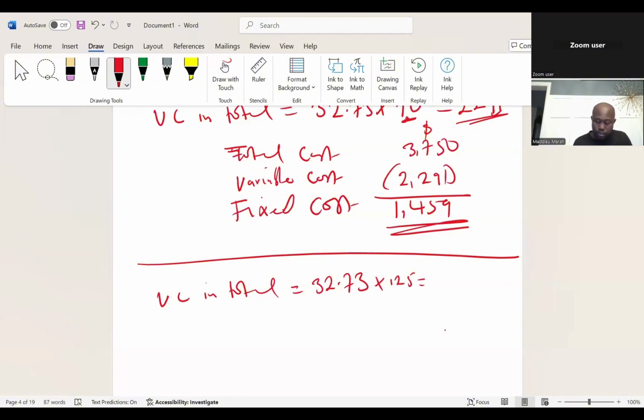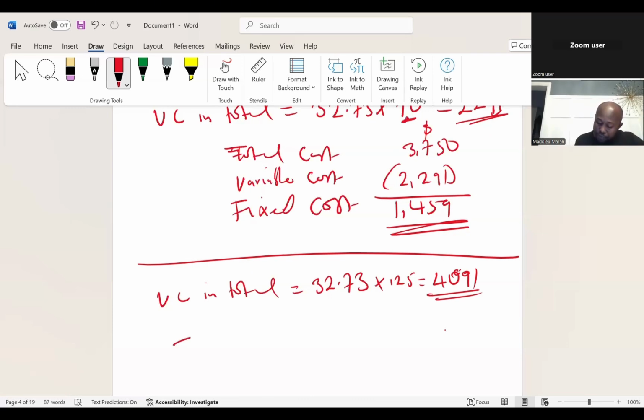This will give 4091.25. Leave it at 4091. Okay. This is our figure of variable cost.